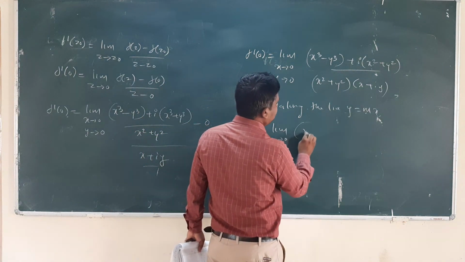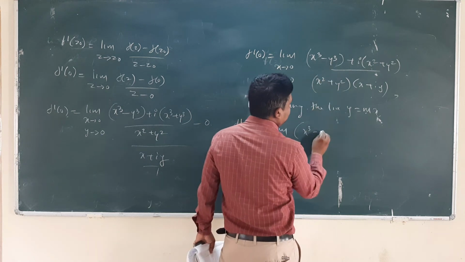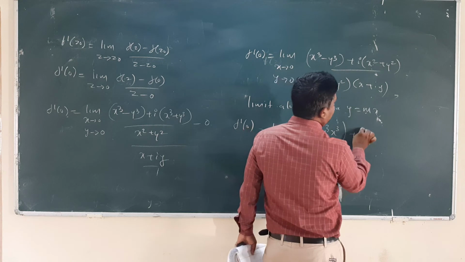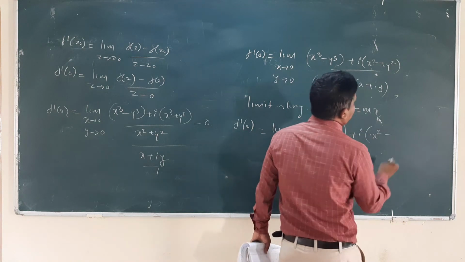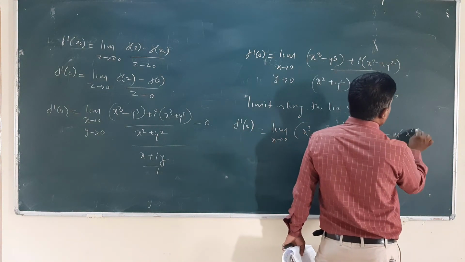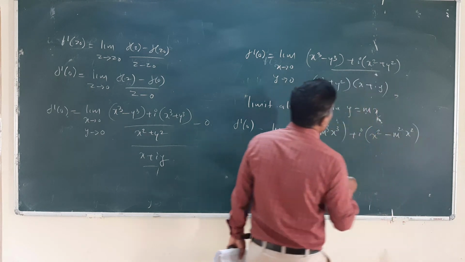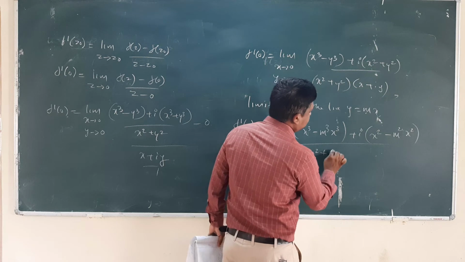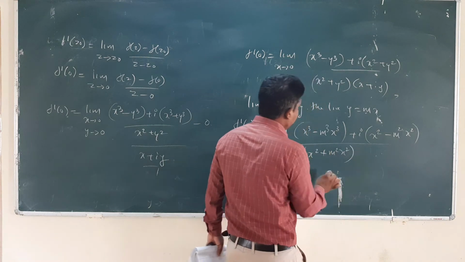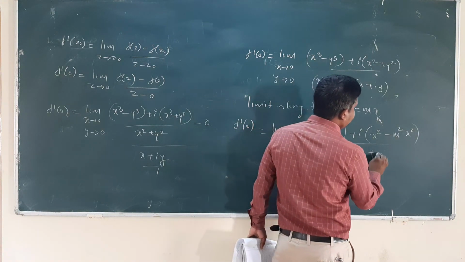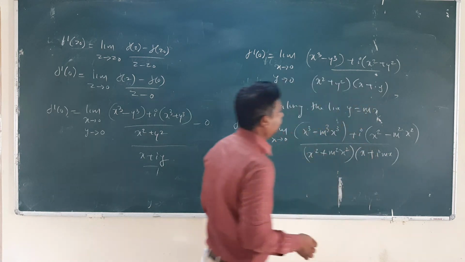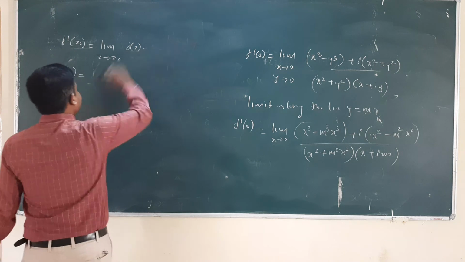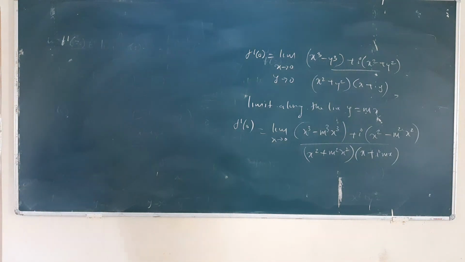So this implies (x cube minus m cube x cube) plus i into (x cube plus m cube x cube) upon (x square plus m square x square) into (x plus i m x). So I simplify this one now.